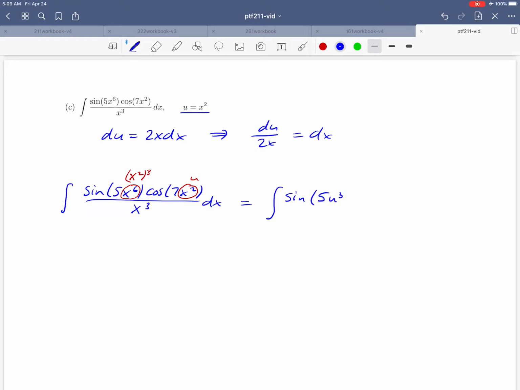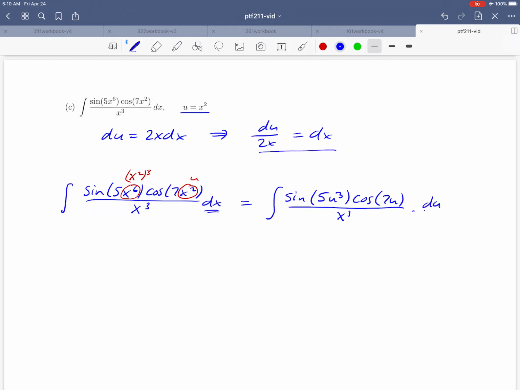Okay, and then moving over, we've got cosine of 7u. We'll leave the x cubed in the bottom alone for now. And then dx: we can look up at our work and see that dx is equal to du over 2x. So there's where we're at so far.